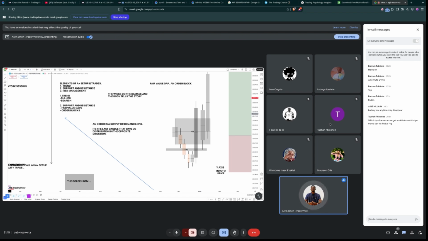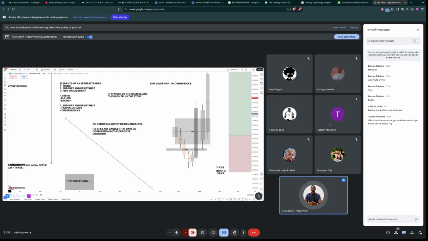For scalpers, if you want order blocks or fair value gaps, you want to start from what? 15 minutes. You get the 15-minute order block or fair value gap. You get the 5-minute order block or fair value gap. Then you get the 1-minute order block and fair value gap. That is for scalpers because we are in and out.